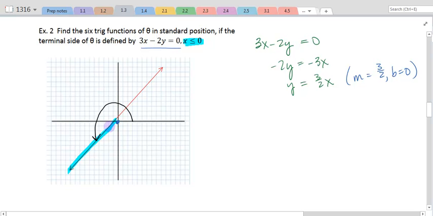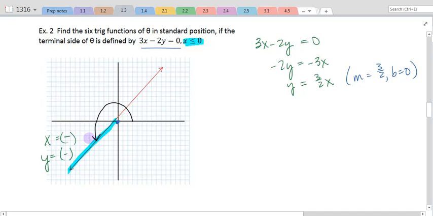I also know that when I'm in quadrant 3, the sign of my x values is negative, and the sign of my y values is also negative. We need that information so that we can piece all of this together. So far I have a line drawn, and I know the sign of both my x and my y values. What else do I need to know?